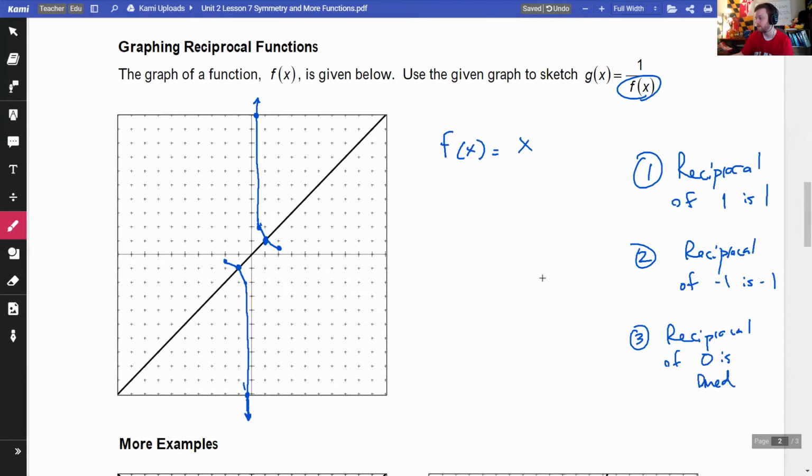It's undefined, but because of that, we put an asymptote. And then what happens as I get smaller and smaller? Our function at 10, the reciprocal of 10 is 1/10. And then when it gets to a million, we're getting smaller and smaller numbers.